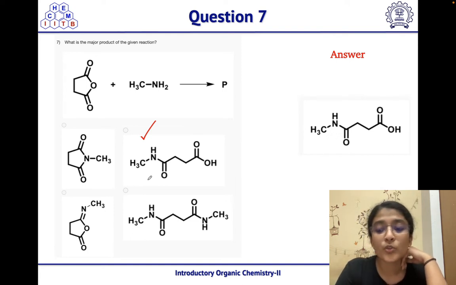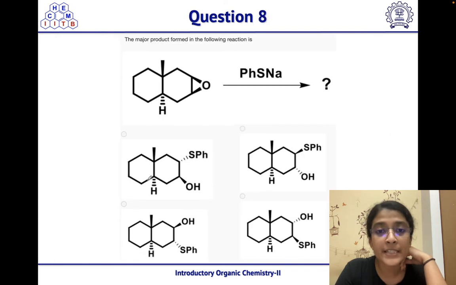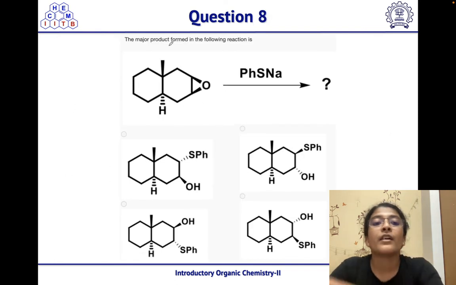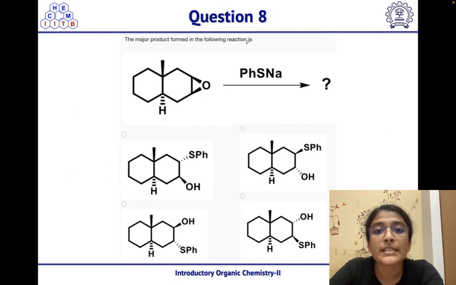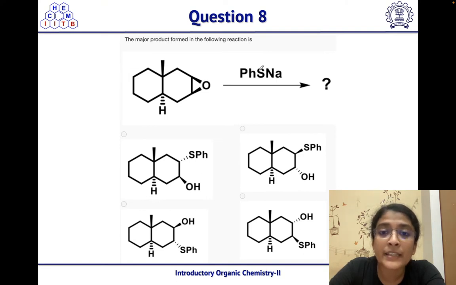Okay. Now coming to question number 8. What is the major product formed in the following reaction? They have given an epoxide and it is treated with PhSNa, like it will be PhS minus and Na plus.